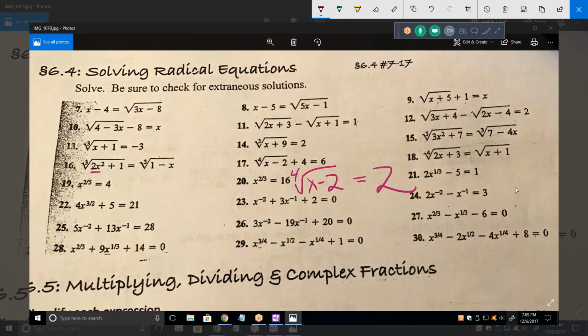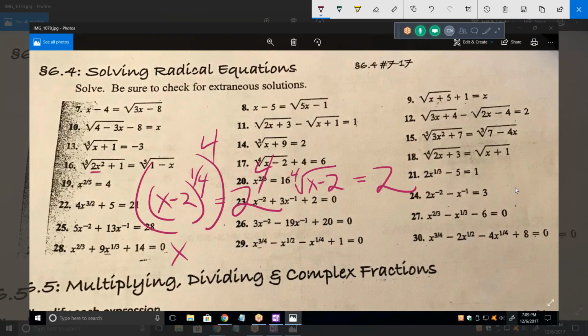Let me show you a different way of looking at this. That is the same as this, correct? Well, if I want to get rid of that 1/4, I got to take each side to the 4th power. And then 4 times 1/4 is 1.